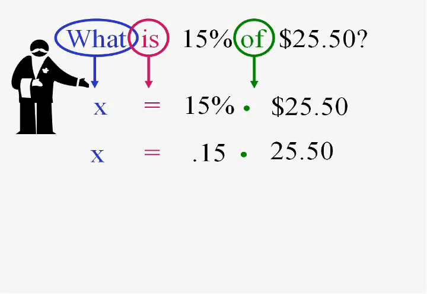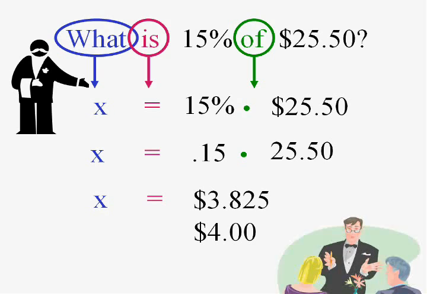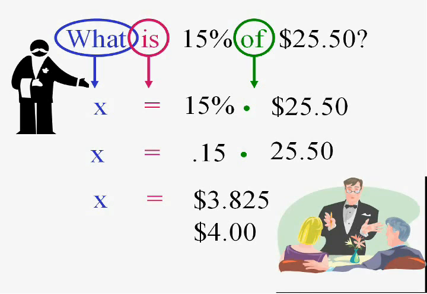And you should now know how to do that without a calculator. And we get 3.825. Well, what is that for money? What should you give the waiter if it comes out to that? Yeah, I know it's a little bit more, but we'll give him a nice tip. Give him a little bit more.